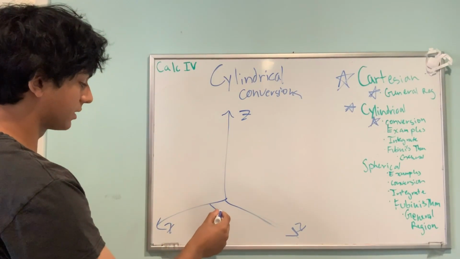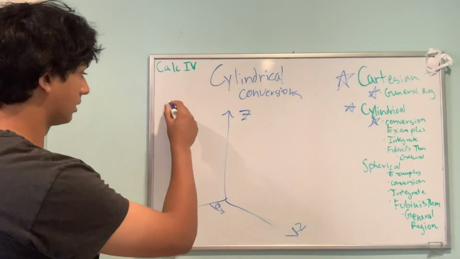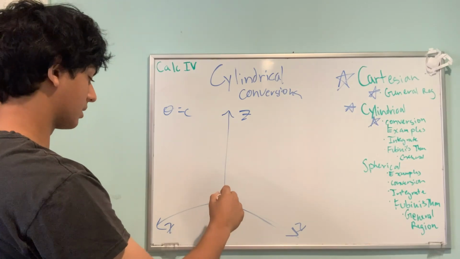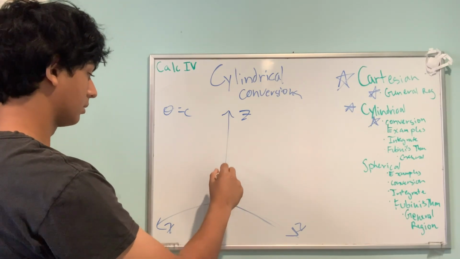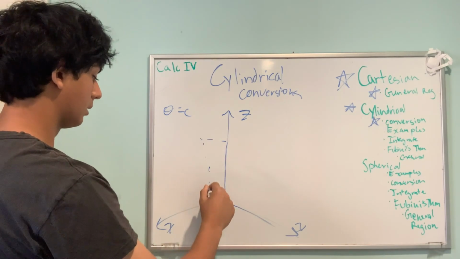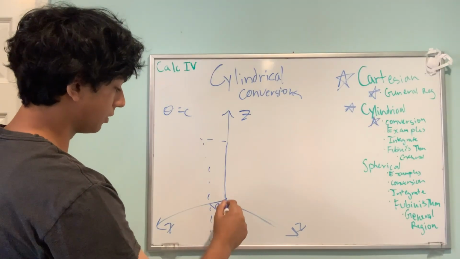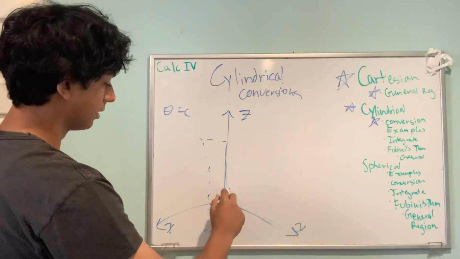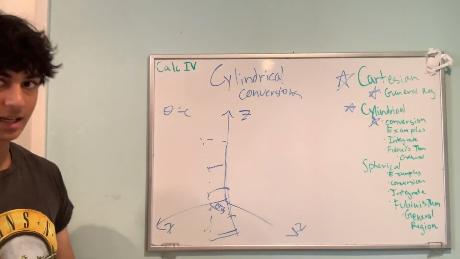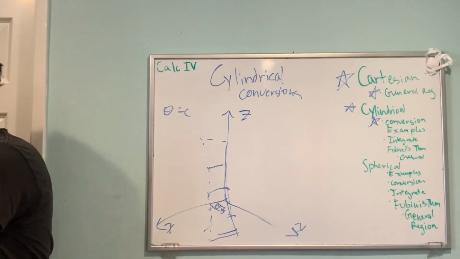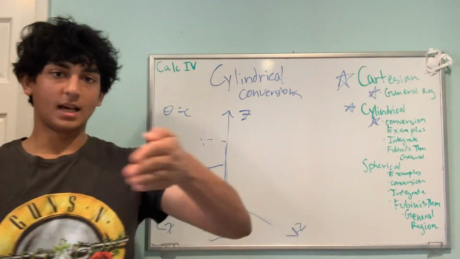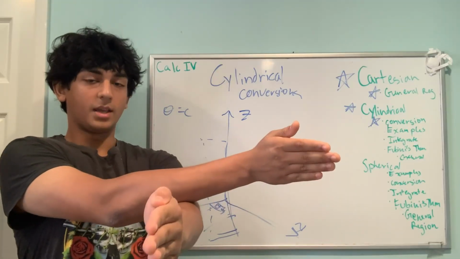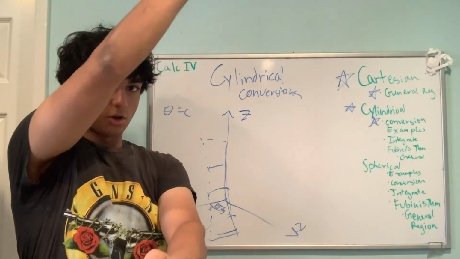So if we have theta equals c, this would be some plane that's at angle theta from the x-axis. If we have the x-axis here, our plane could be here at some angle, and it would be infinitely long.